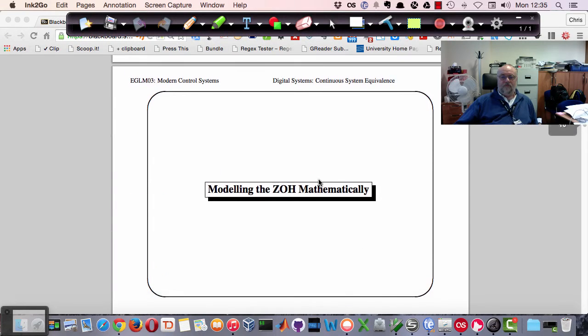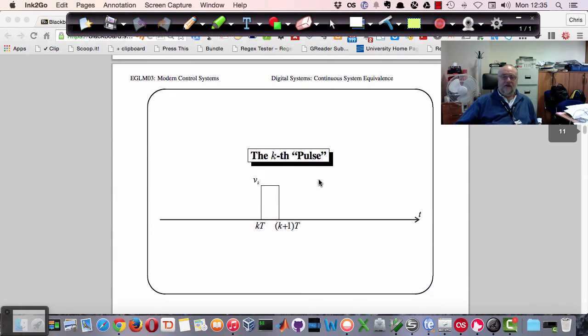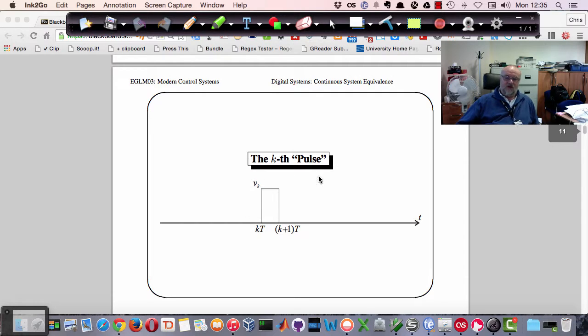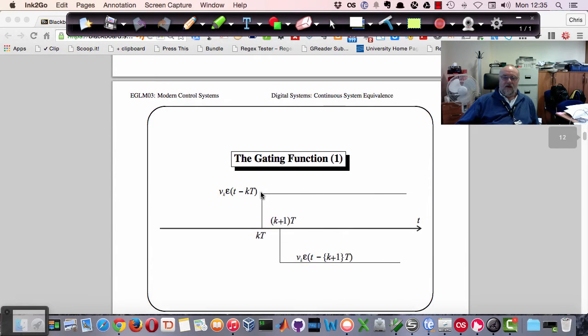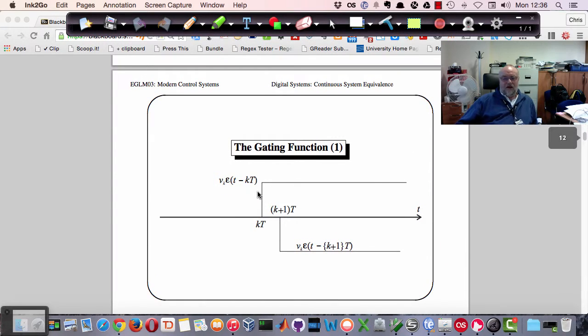So if we model that mathematically, what we need to do is first of all consider the kth pulse. That starts at kT and ends at (k plus 1)T, and its value is v k, the sample value at the start of the period. We can model this by taking two step functions and adding them together.